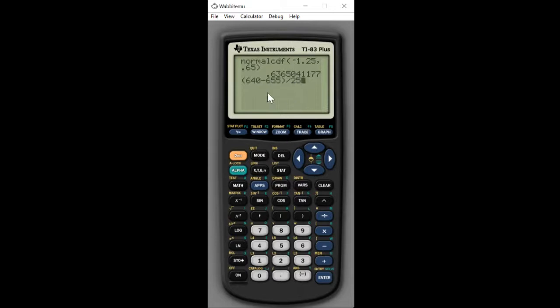It's important to do the parentheses here, because if you don't, your calculator will say, what's 655 divided by 25? Whatever that answer is, subtract it from 640. And you're not trying to do that. You're trying to do the subtraction part first. So if you notice here, I came up with the number z equals negative 0.6.